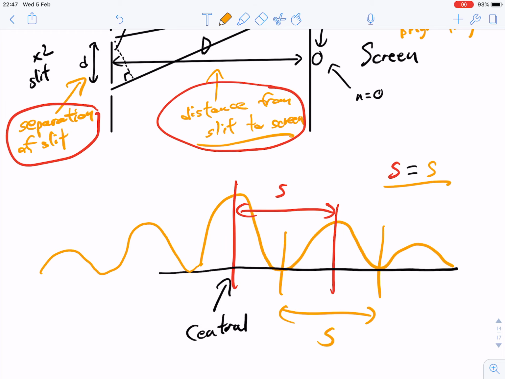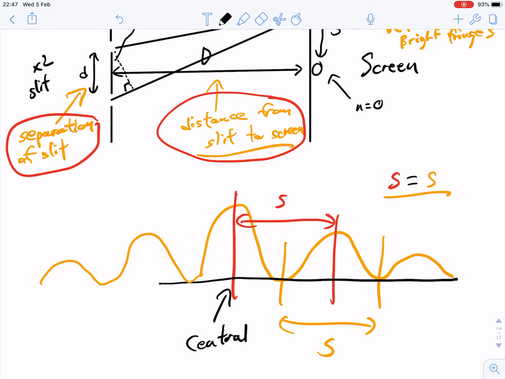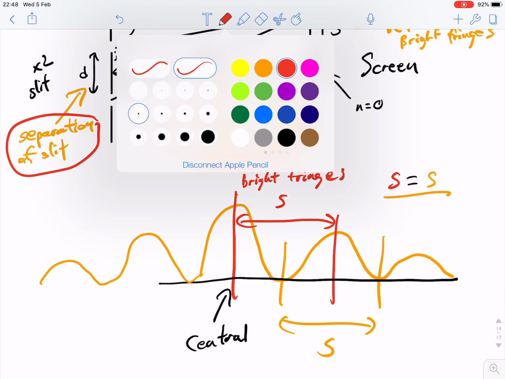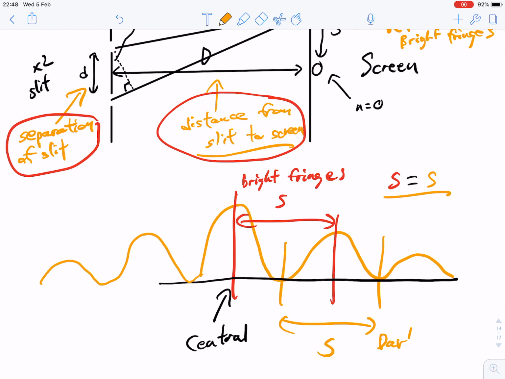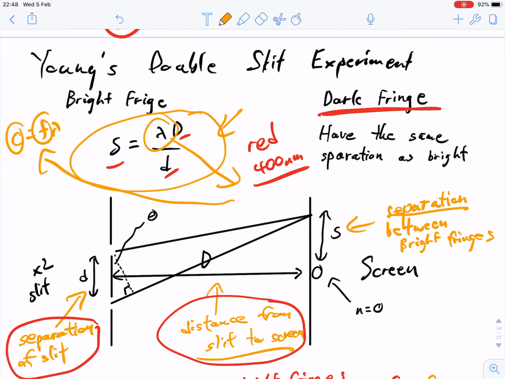What we're really saying is that the distance between the brightest parts, everything in red here is the brightest stuff, the bright fringes, we call it, is the same distance as the dark fringes. Both of those separations are the same, and because of that, we only have one single formula.